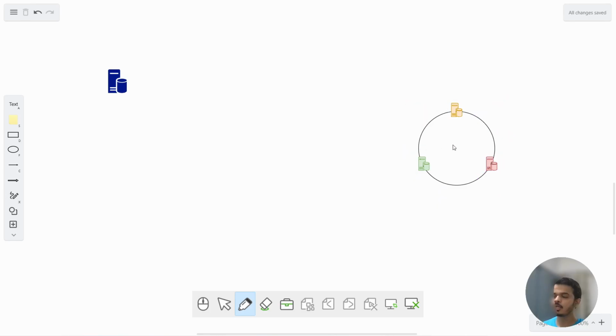Another problem is, let's say everyone has got equal partition size. What is meant by equal partition size? The number of slots here is equal to the number of slots here is equal to the number of slots here.